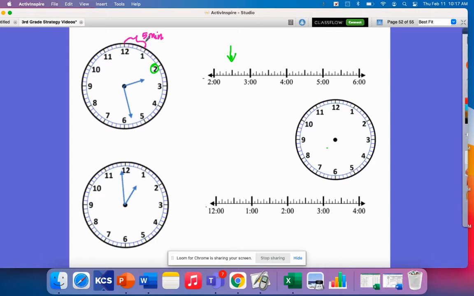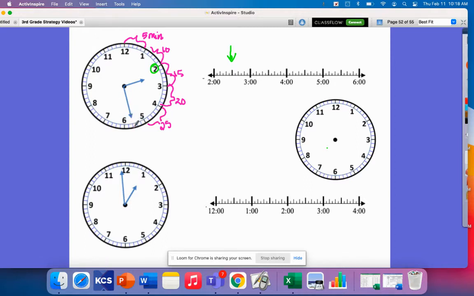So I'm just going to count by 5s until I get close to a friendly number, which will be right here at this 5. So this would be 5 minutes, 10 minutes, 15, 20, 25. So I've got 25 minutes here.